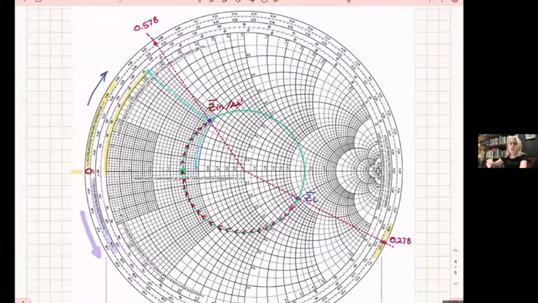I'm only moving along the green circle, which represents movement along the transmission line. I move in a particular direction. There are only two possible directions: counterclockwise, the purple, and clockwise, the blue, the arrows. And I move along the direction that really tells what I'm doing physically.